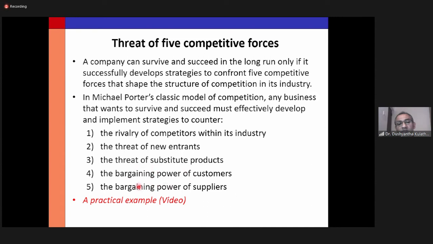Another aspect is the bargaining power of suppliers, whether the suppliers are in a position to bargain with their buyers, which can be the manufacturers, for example. If there is a limited number of suppliers in a particular industry, naturally the bargaining power of suppliers will go up.